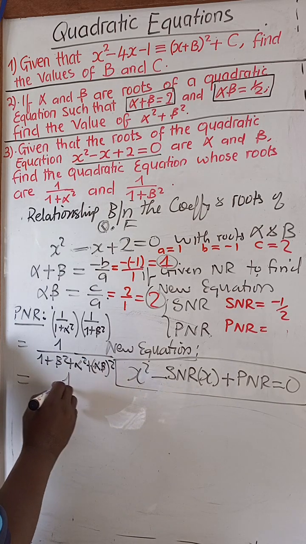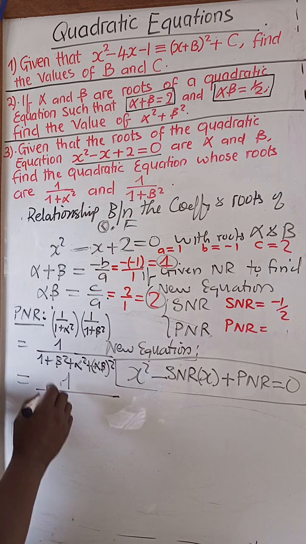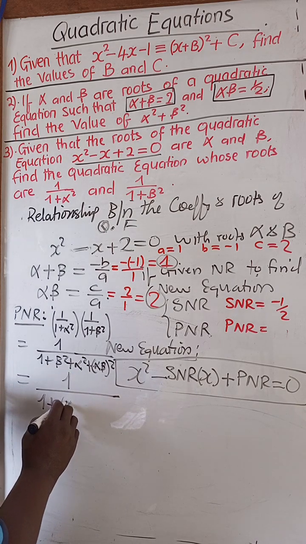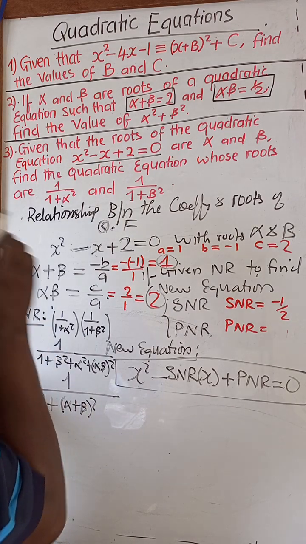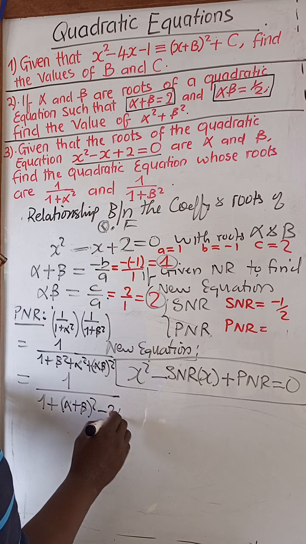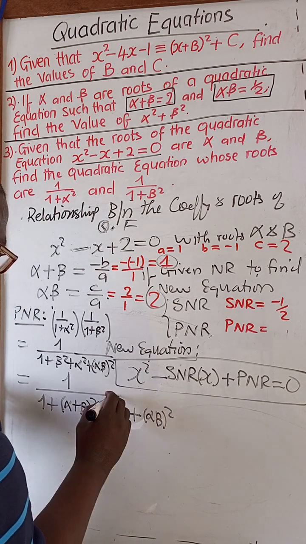Okay, this gives us 1 all over 1 plus alpha plus beta squared, which is alpha plus beta all squared, alright, minus 2 alpha beta plus alpha beta all squared.